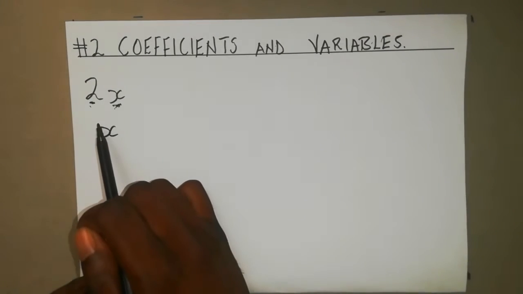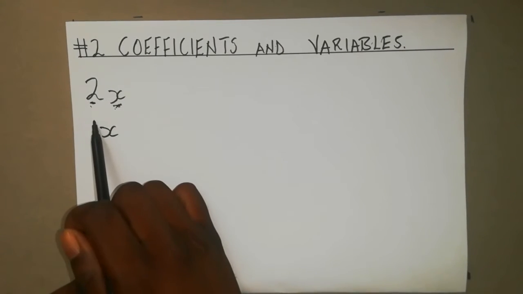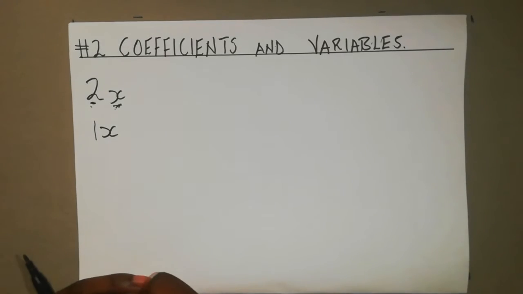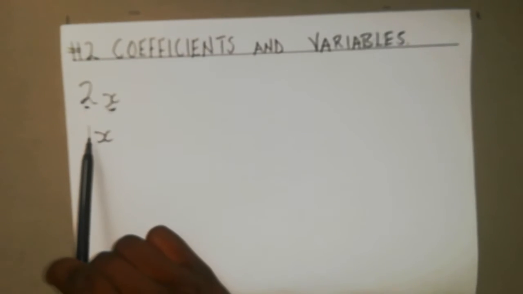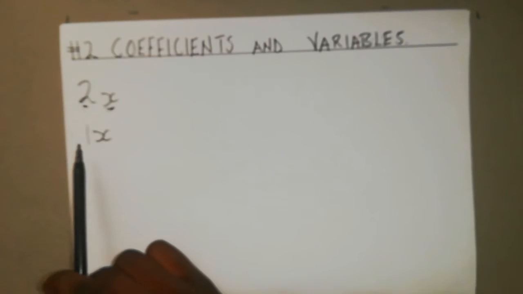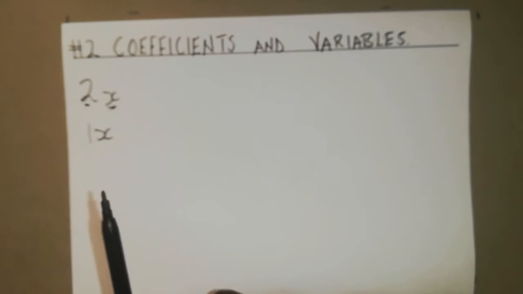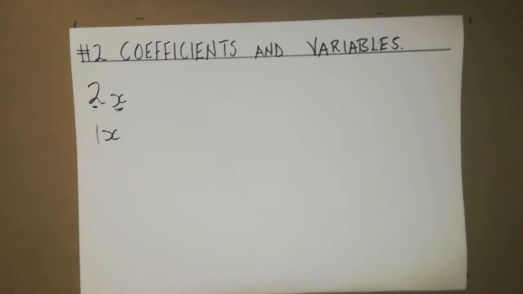So in this case there is an imaginary 1. So under normal circumstances, especially later on as you will be solving equations, you will find such scenarios that will force you to put down this 1 in order for you to proceed with your workings.